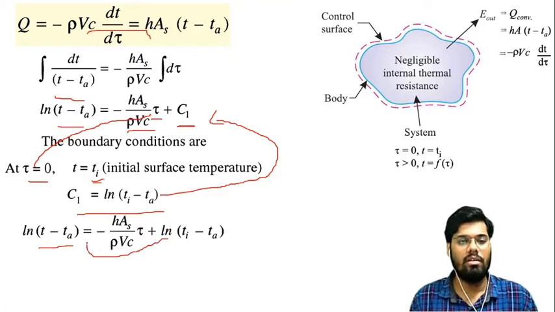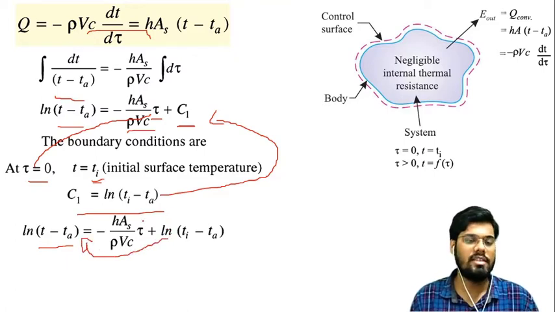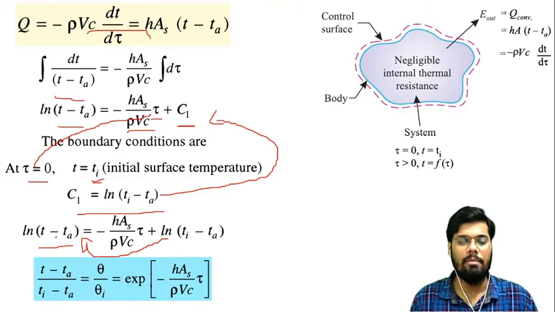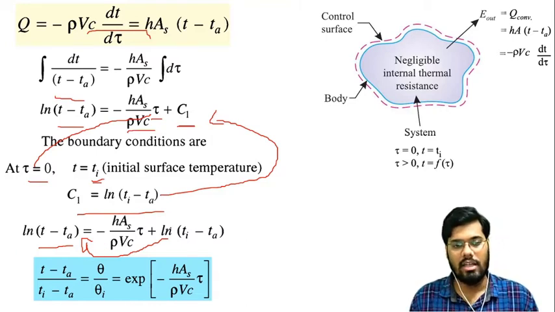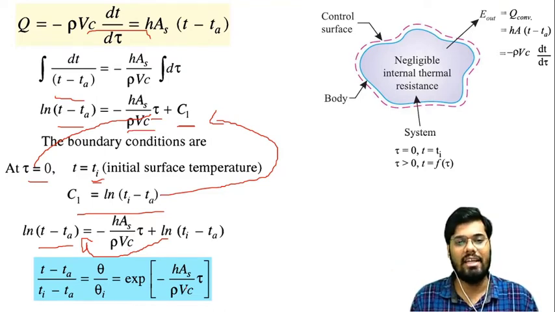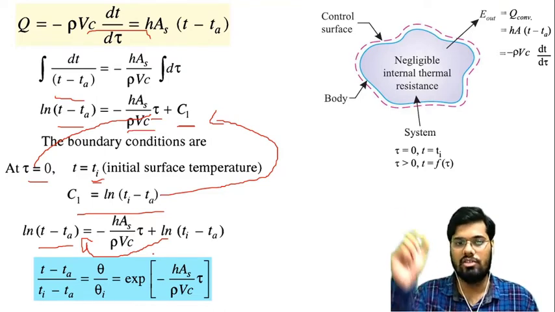Now putting this ln on the left hand side of the equal sign, ln x minus ln y becomes ln x by y, so ln of T minus Ta upon Ti minus Ta. If we remove ln from the left side, the term on the right side becomes the exponential of minus hA upon rho V c tau, e raised to that.